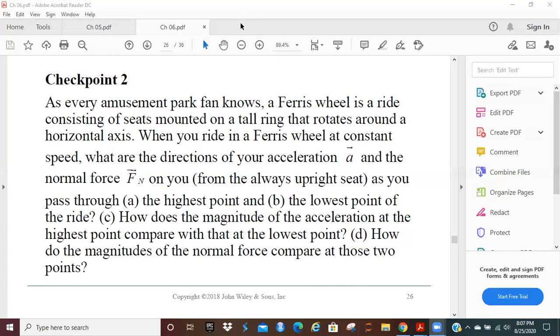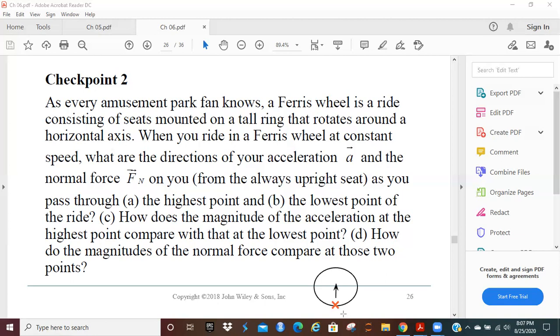Draw that again. What about here? Which way is the acceleration? Upwards. Mm-hmm. And then which way is the normal force going to be?